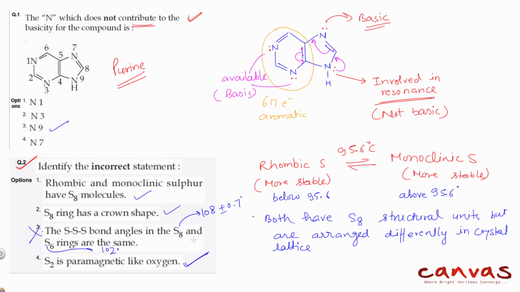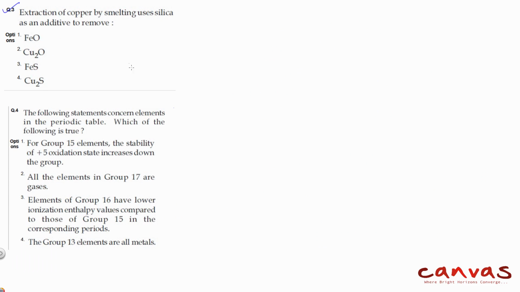Okay, so now we move to the third question. The extraction of copper by smelting uses silica as an additive to remove impurities. Now silica is added as an acidic flux, and it will combine with the basic impurities to form slag that can be easily removed.